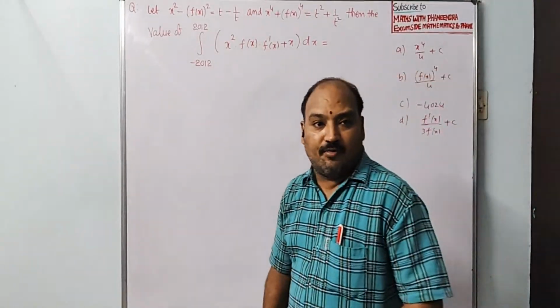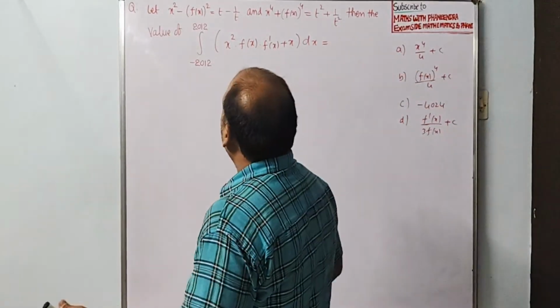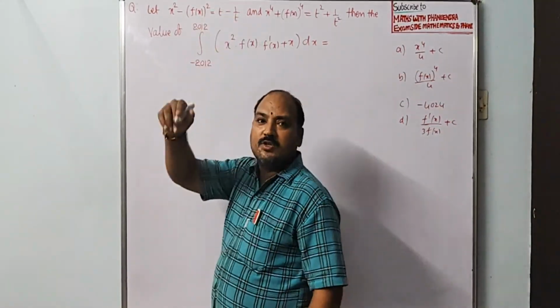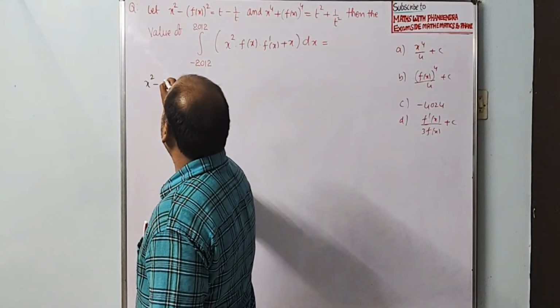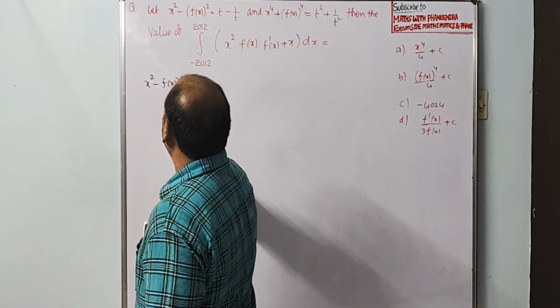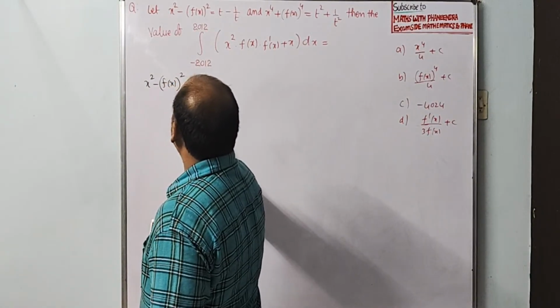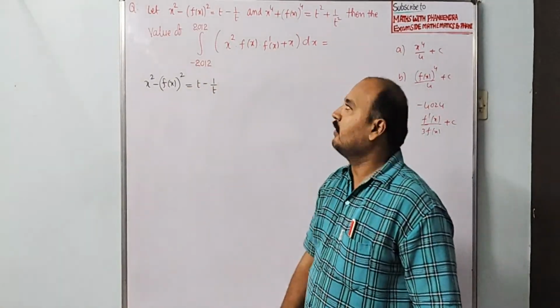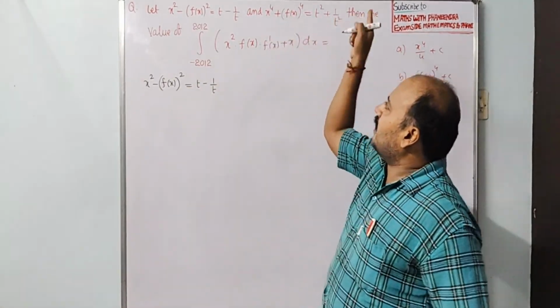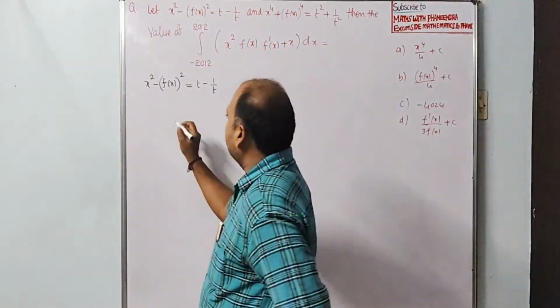Then the value of, see how we are going to get it first by using the given conditions. What conditions are provided? x square minus f of x whole square is equal to t minus 1 by t. Here x power 4 and f of x whole power 4 is given.